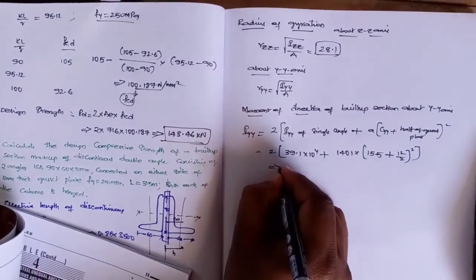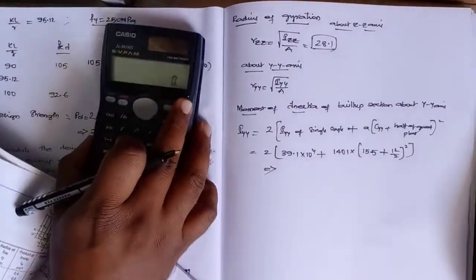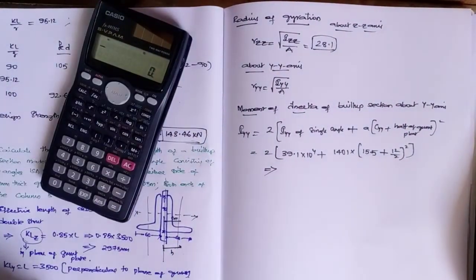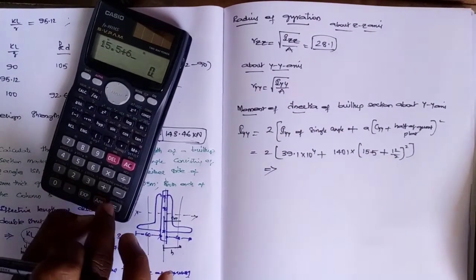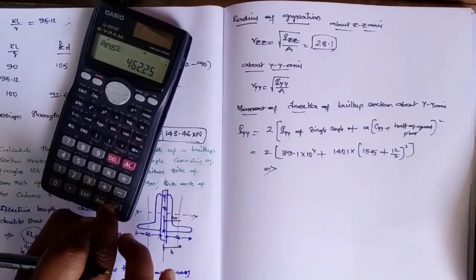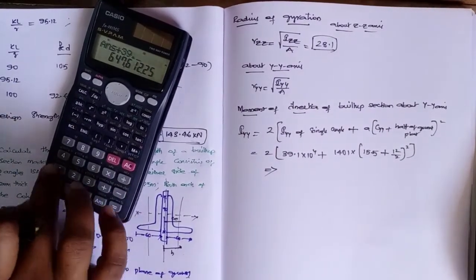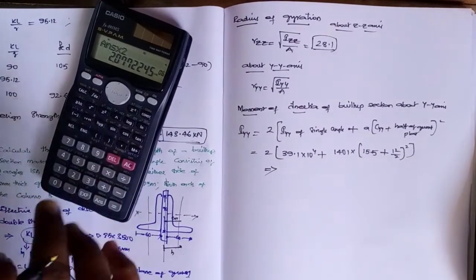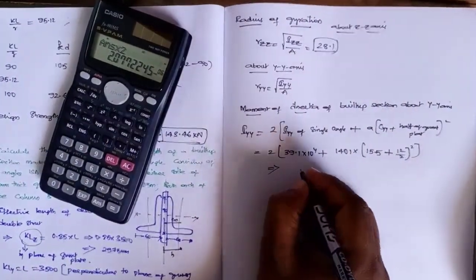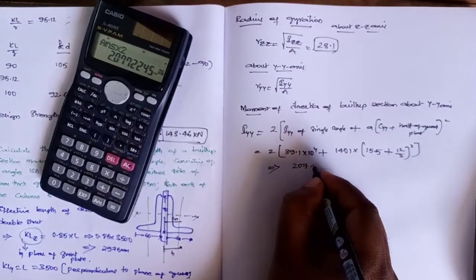So if I solve this, 15.5 plus 12 by 2 means 6, square, into 1401, plus 39.1 into 10 power 4, into 2. So you are getting 207.72 into 10 power 4 mm power 4, as I said earlier, it has to be written in terms of 10 power 4.